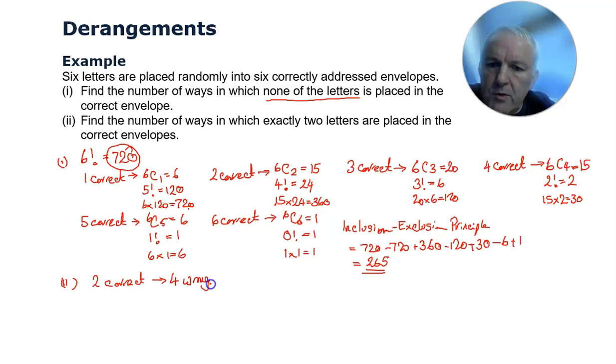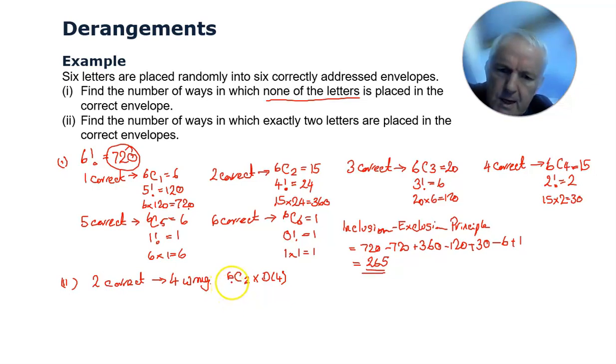I can choose those 2 correct in 6C2 ways. And the 4 wrong, I know they must be effectively D4, the number of derangements of 4 things.